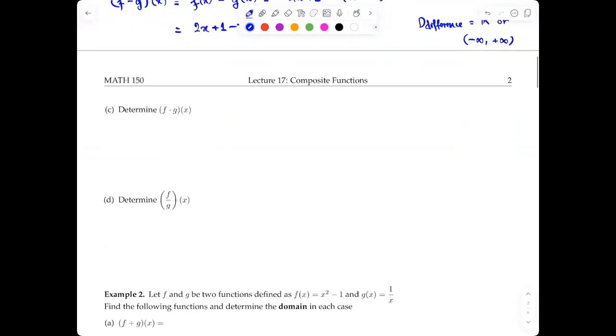Now the next one is the product function. So you do f, then g, or you can write f times g. So f times g of x is f of x times g of x.